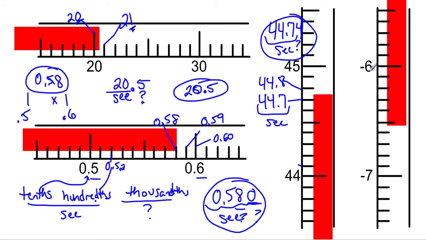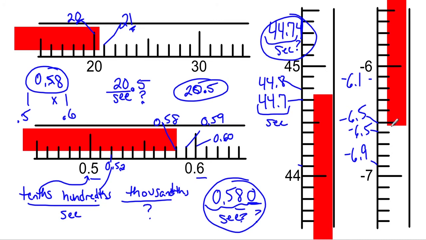Now finally, you've got -6 and -7. This is a negative scale. So it means this line is -6.1, this line's -6.2, all the way down to -6.9. So this red one falls in between this line, which is -6.5, and the next one up, which is -6.6.